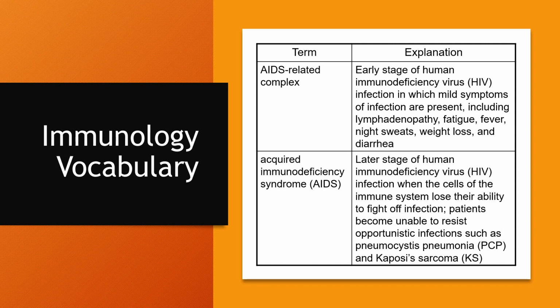Acquired immunodeficiency syndrome, AIDS, is a later stage of HIV infection when the cells of the immune system lose their ability to fight off infections, and patients become unable to resist opportunistic infections such as pneumocystis pneumonia, PCP, and Kaposi's sarcoma.